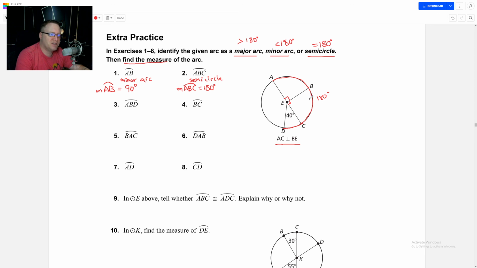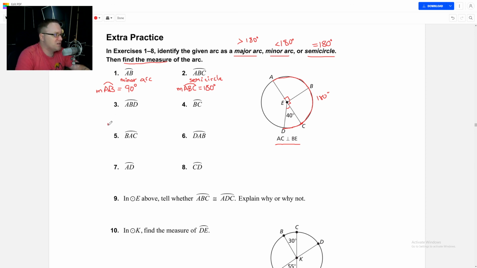A, C, and then D, that's adjacent, right? So that means, according to the rule that we just learned, that adjacent arcs, you can add them together. And we know that this one is 40 degrees. So this is going to be 180 plus 40, which is 220.